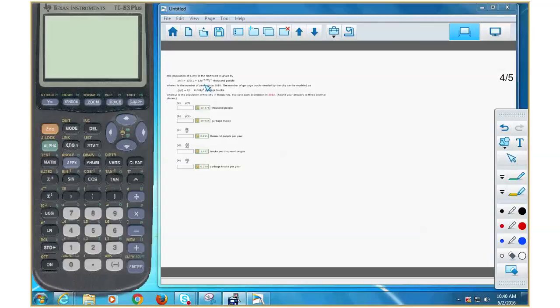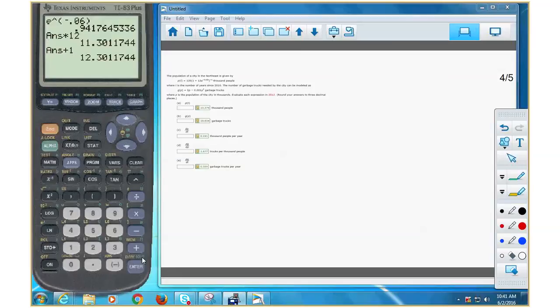So I'm going to take E, second function, E, and raise it to the negative 0.06, right? That's what it came out to be. Then I'm going to multiply that by 12 and add it to 1.